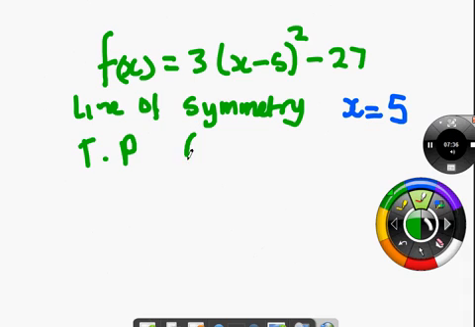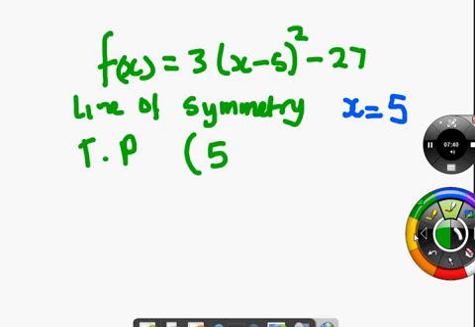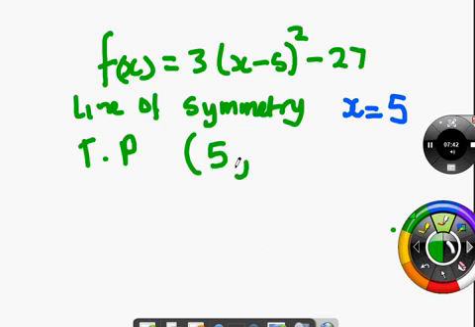So it's going to be 5 and negative 27, because there's a negative there. Here the sign changes because x and the number are in the same bracket, as you can see.